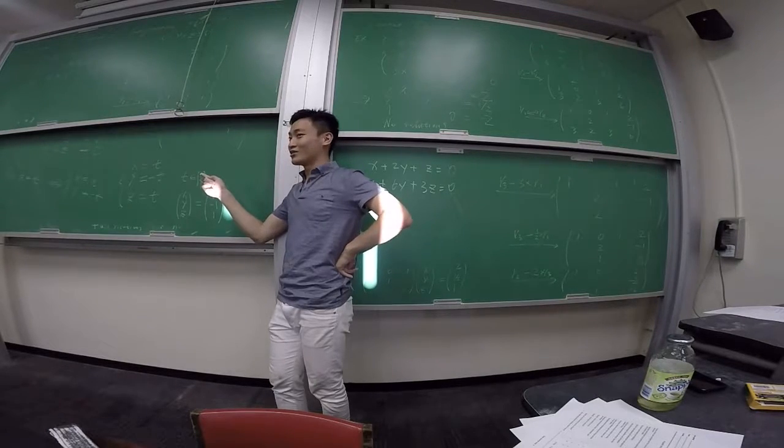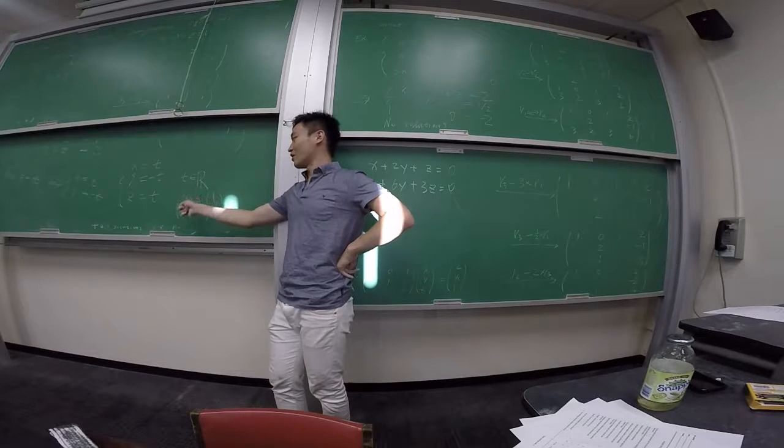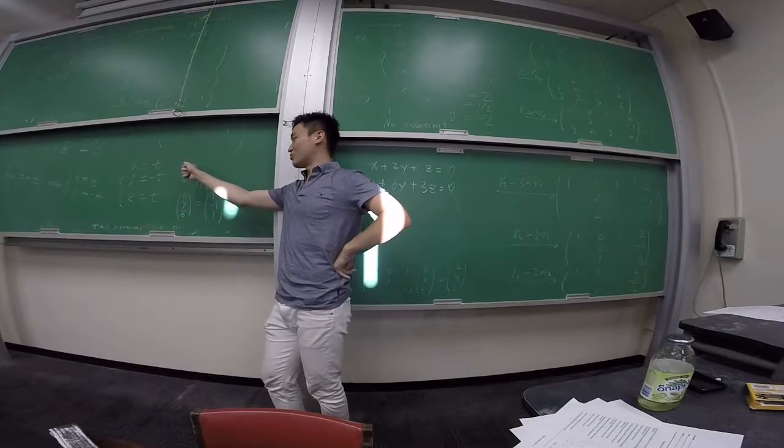And in this way, I claim that I have already found all the solutions because I only use one parameter, and the value of x and value of y are uniquely determined by the value of z.